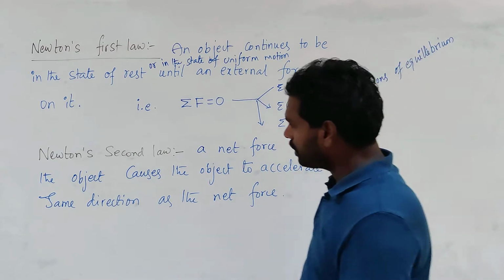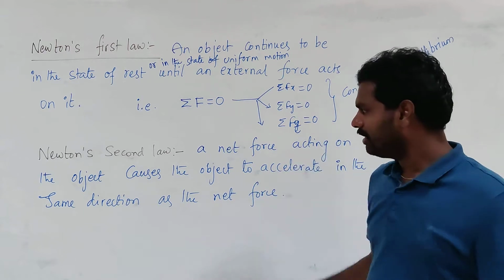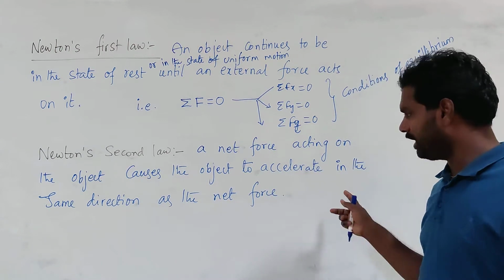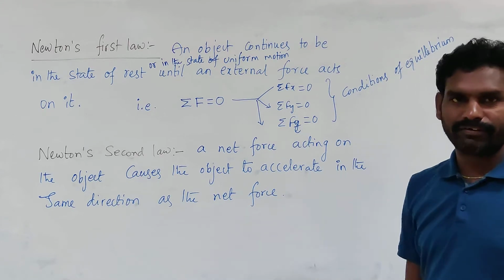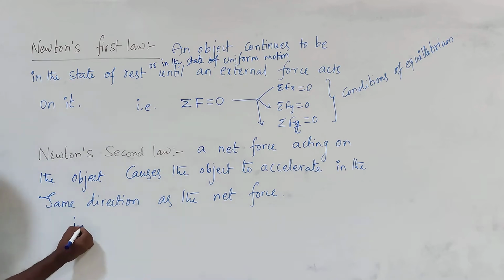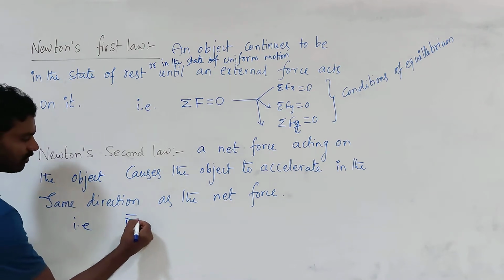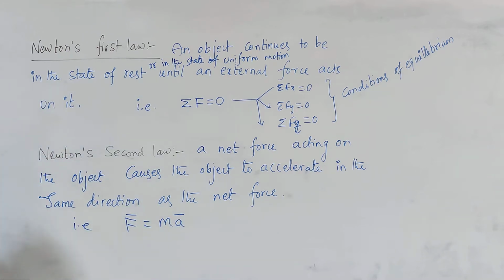And Newton's second law is nothing but that a net force acting on the object causes the object to accelerate, and that acceleration is in the same direction as the net force applied on it. So that is the summation of forces. Because of the application of force, the body is said to be accelerated. That means sigma F equal to ma.